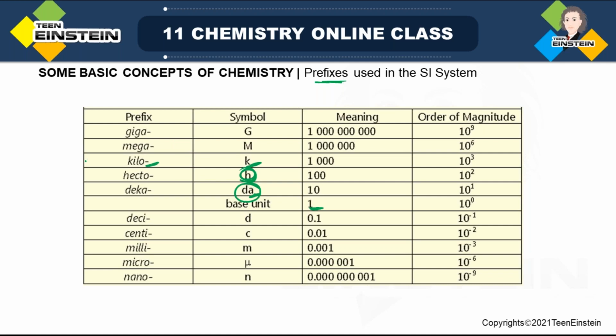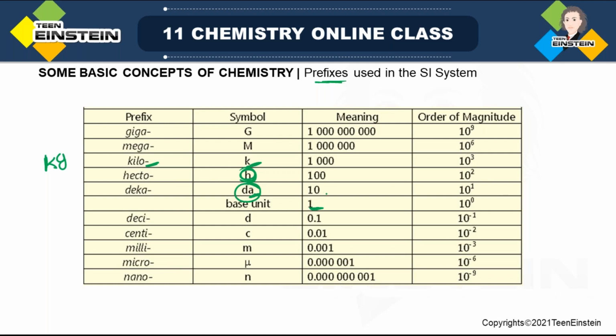Now suppose I am saying gram, so it is g, right? But when I am saying kilogram, that means 1000 gram, because 1 kilogram is 1000 gram. But when I am placing k before this small g, now it is kg. So when gram, which is the basic unit, is 1000 times, you can write it as kilo. So it is now kilogram.